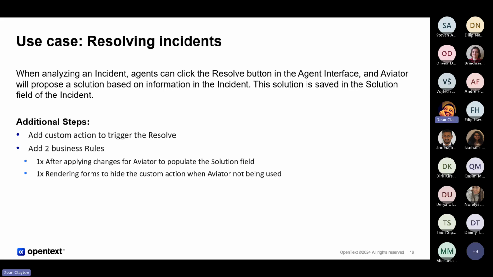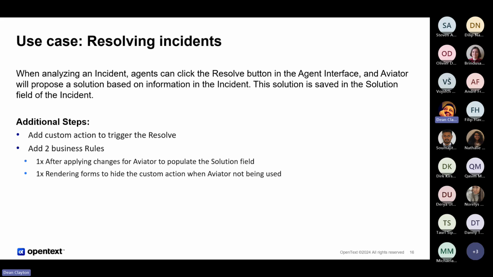All right, so two more to go. Resolving incidents. This is a new one that we've added that we've not demoed before. What we've done with this one is take the concept of potentially auto-resolving your tickets. So what do we mean by that?